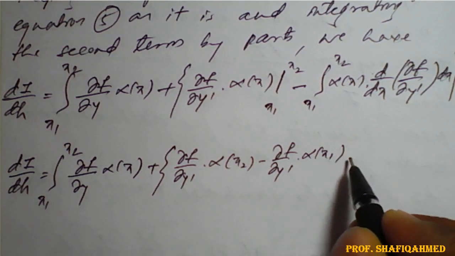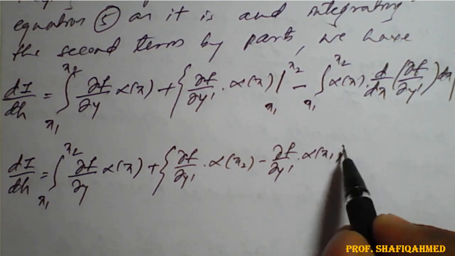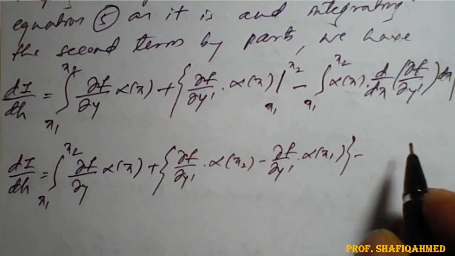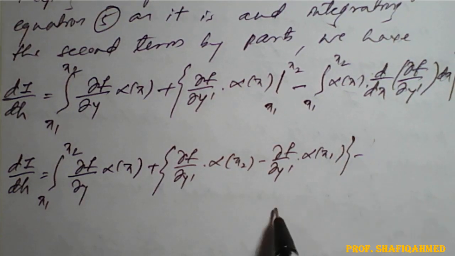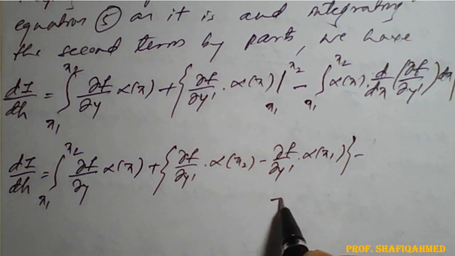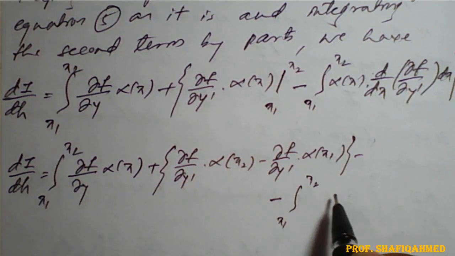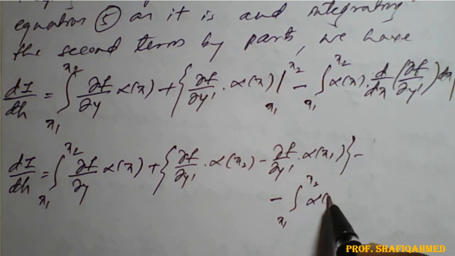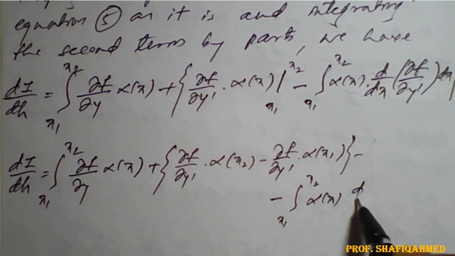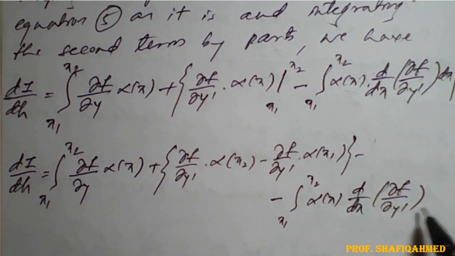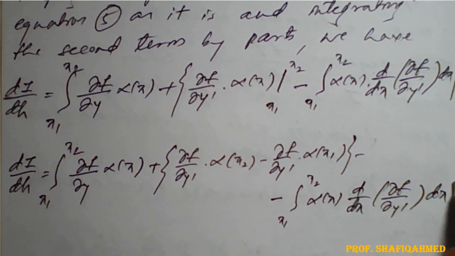This is the upper and lower limit for this, minus integration of x1 to x2 alpha x into d by dx of dou f by dou y dash into dx.